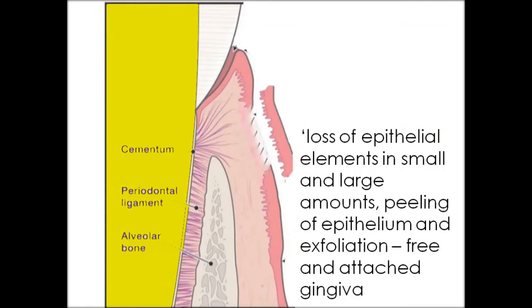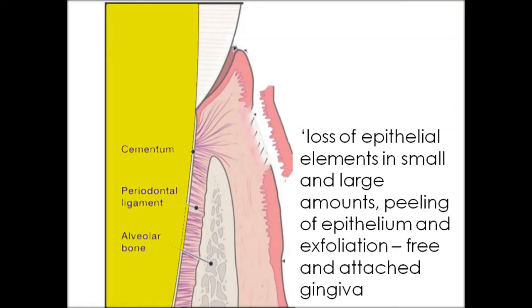The loss of epithelial element, as you can see in the picture, the epithelium of free or attached gingiva will be exfoliated, and hence the patient will have pain because of the formation of various ulcers, and moreover this area has a tendency to bleed.